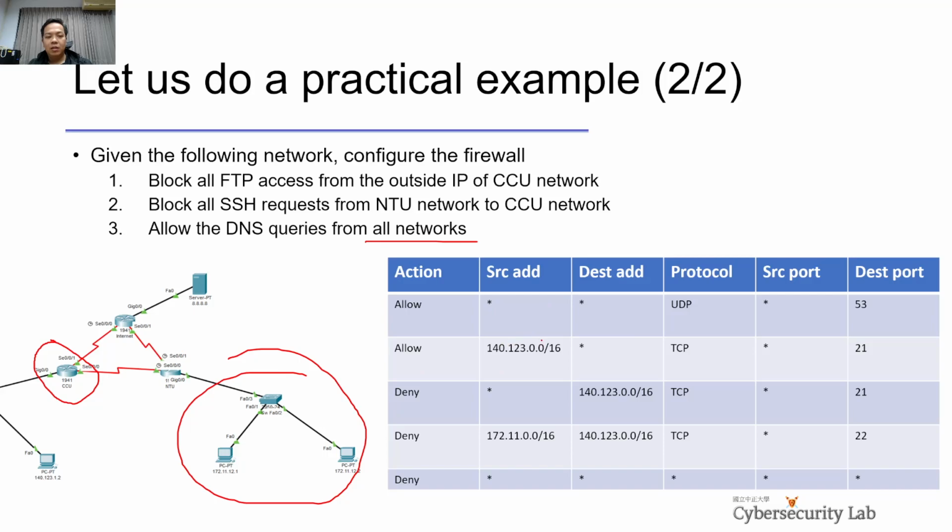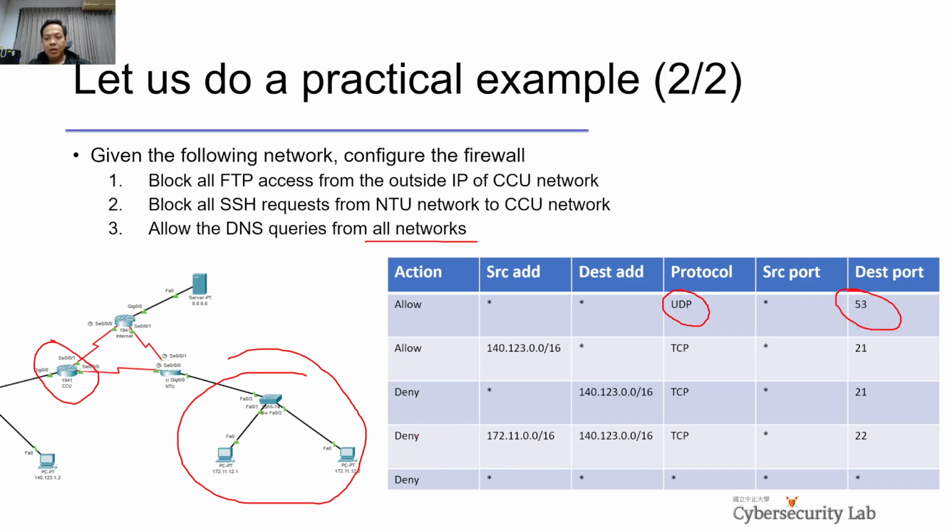You can apply it in the CCU first. So over here you can place a star, DNS, so UDP, right? We do not care about the source port, and we don't care about the destination port. That is to allow the DNS request from all networks.